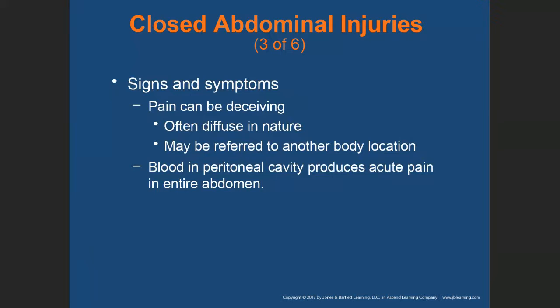Pain can be deceiving, often diffuse in nature, and may be referred to another body location. So a patient can receive an injury to the right upper quadrant where the liver is, and they are complaining of pain in the right shoulder. That's what we call referred pain.